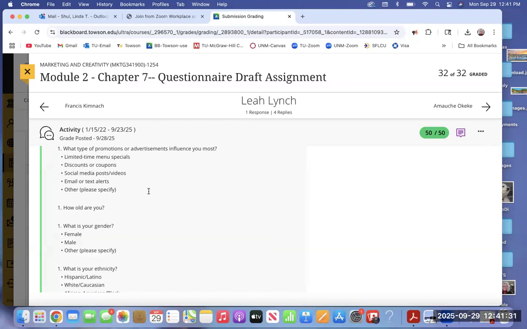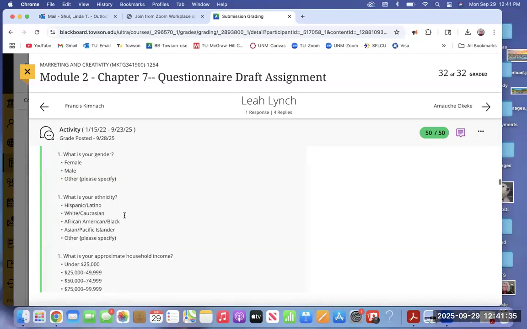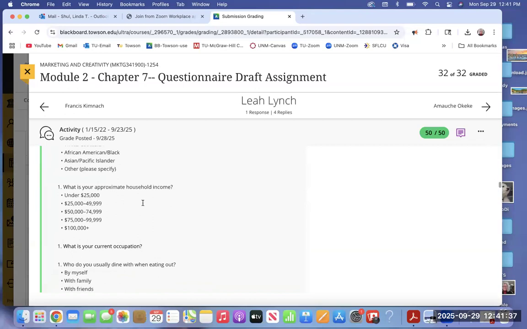And then we get into the demographic questions. How old are you? Gender, ethnicity. I would not put this in. I would not ask household income. And I have this here specifically because so many people put this in, and most people do not want to answer this question. So I would not ask this.